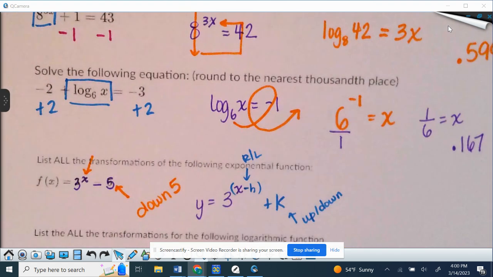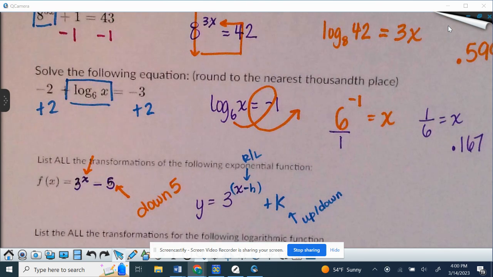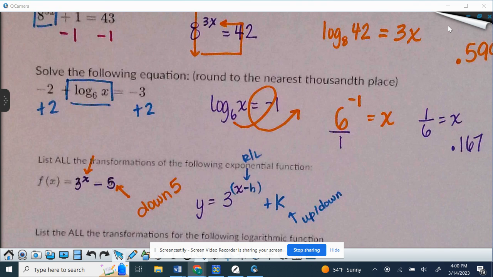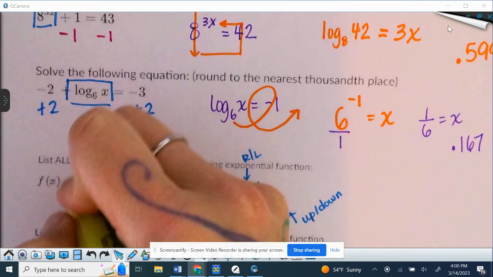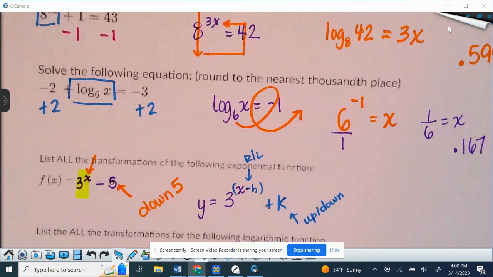It only went down 5. And some of that has to do with remembering that the parent exponential function is just this guy, the 3 to the x power. And being attached to the x in the exponent spot is your right, left. Minus 5 would be down. If it was a plus 5, it would be up.